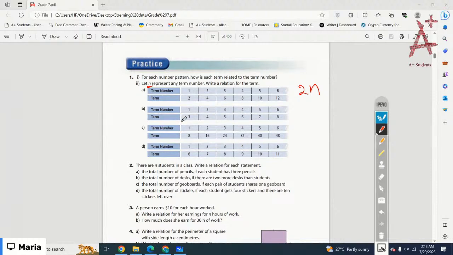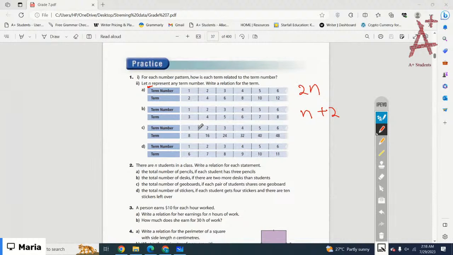You can see every term is 2 more than the term number. Got it? 1 plus 2 is 3, 2 plus 2 is 4, 3 plus 2 is 5, 4 plus 2 is 6, 5 plus 2 is 7, and 6 plus 2 is 8. So it would be n, the term number, plus 2.